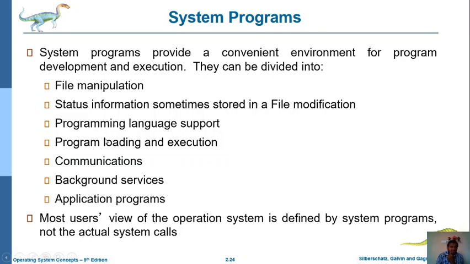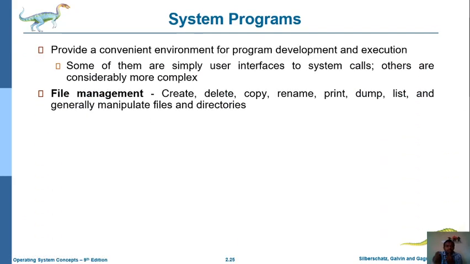File manipulation, status information, we will discuss one by one in some more detail. So coming to file management, file manipulation means how to create a particular file, how to delete any unwanted file, how to copy contents of a file from one place to another place, rename a specific file, print, dump, that means duplicating something, list out the total contents of a file, and manipulate files and directories.